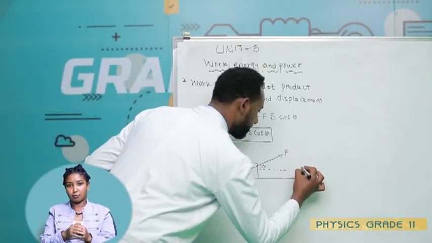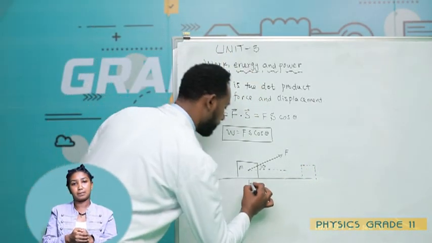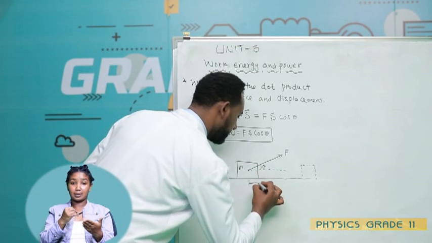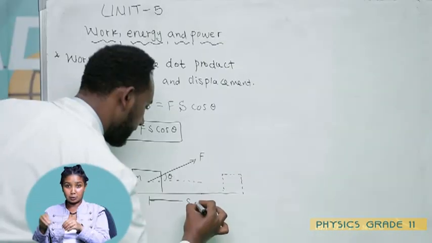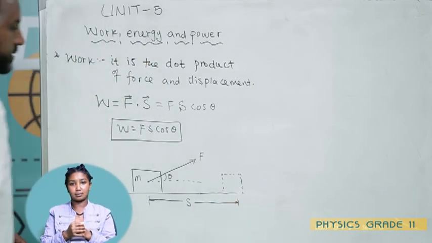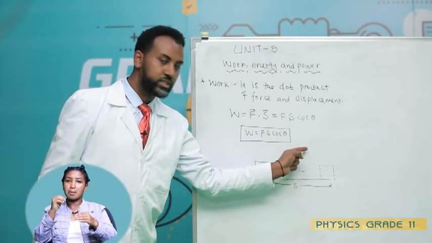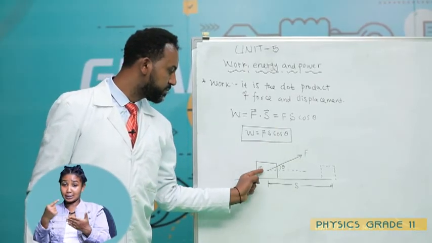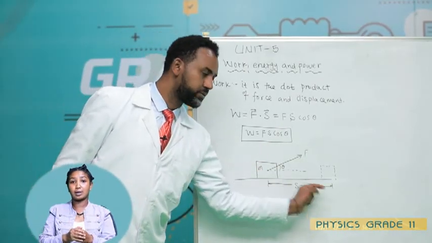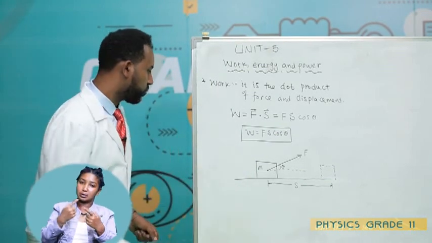Therefore, as it is displaced, it covers a distance of s. What is the work done by this force in displacing this massive body a distance of s? That's how we are trying to determine work.